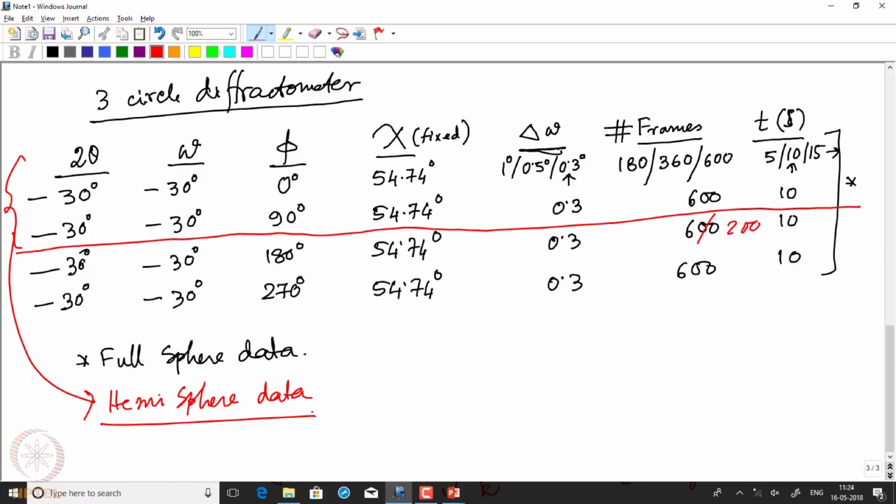If you change from 1 degree width to 0.5 degree width and then to 0.3 degree width, what one can see is that the quality of data improves with finer and finer slicing of the reciprocal lattice, and that is why we try to collect data using 0.3 degree width in most of the crystals that we do. But for routine X-ray data for any reasonable publication, one can use a 0.5 degree width and collect the data much quicker.